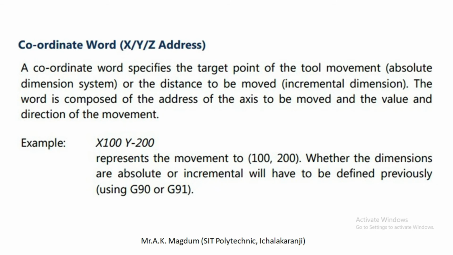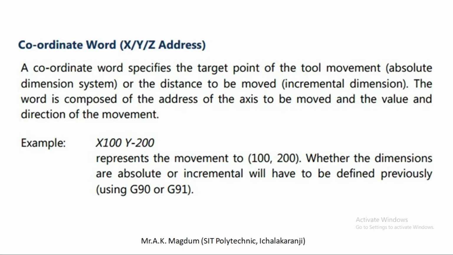I discussed G90 and G91 in this session also. G90 is related to the absolute dimensioning system and G91 is related to the incremental dimensioning system. So that type of code should be mentioned at an initial stage of the programming, and then the whole program will follow that dimensioning system.